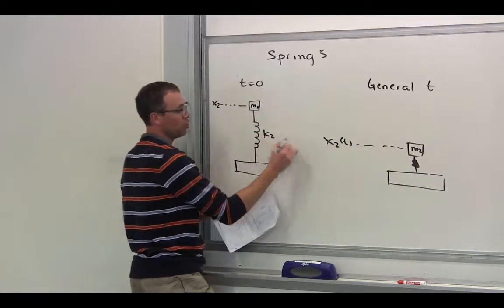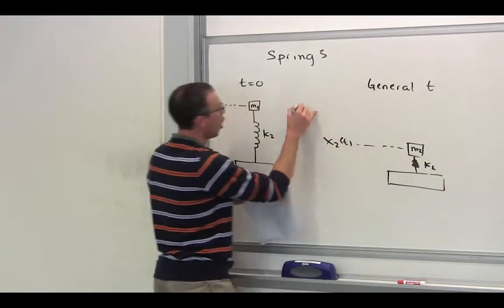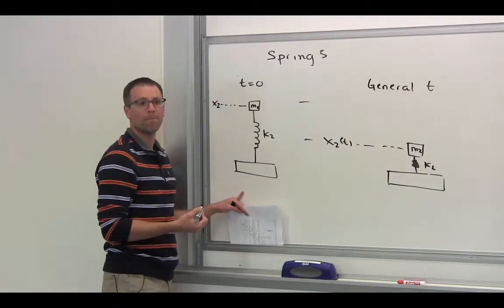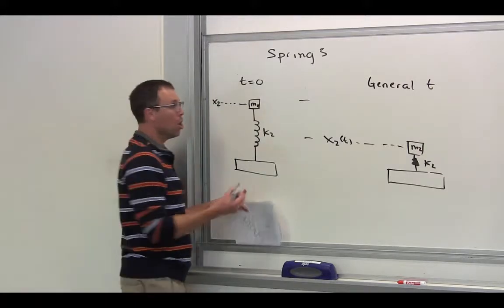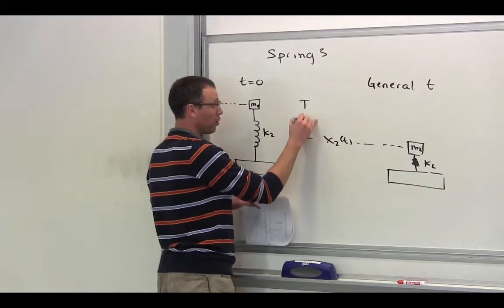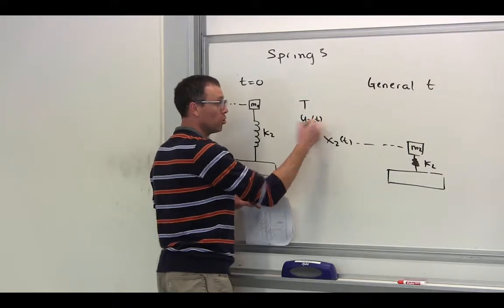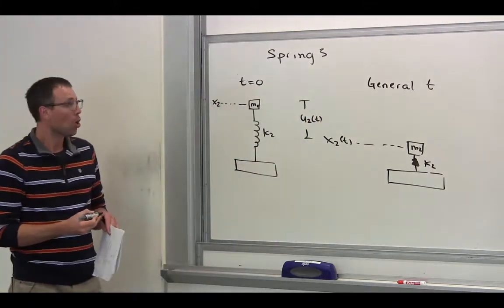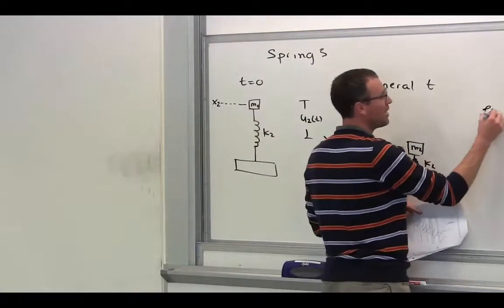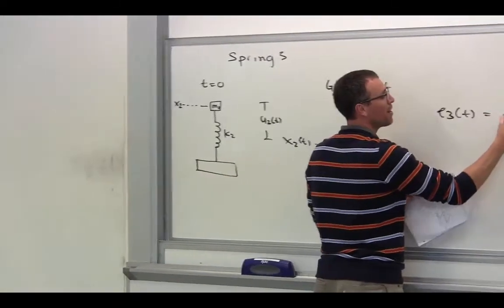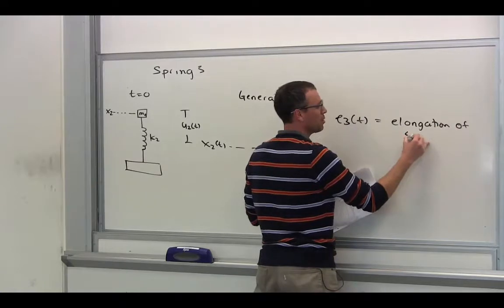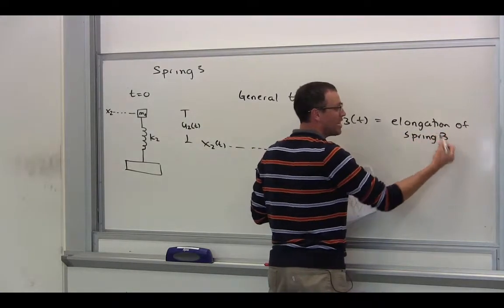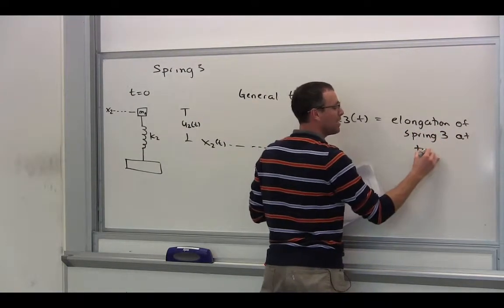So this K2, same exact spring, K2, what's the displacement there? Yeah, this particular one would be U2, except when we're thinking about E3 of t, this is going to be the elongation of spring 3. And that's a net elongation at time t.